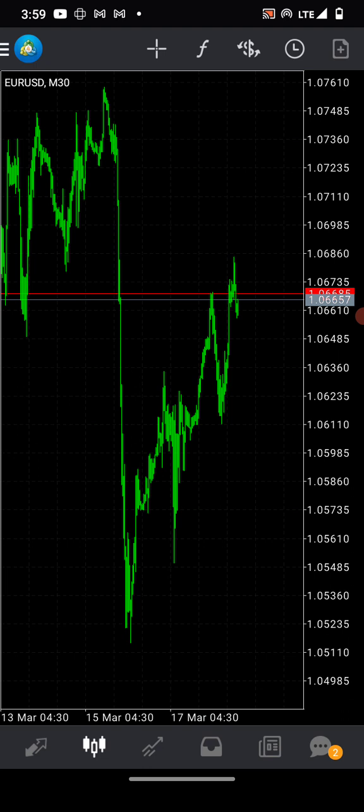Now, no matter which leverage you are trading, if you trade the Euro USD, I don't know about anything other than a USD based account. I can't speak on that because I've never traded in an account that's euro based or British pound based, etc. I've only traded a US dollar based account.